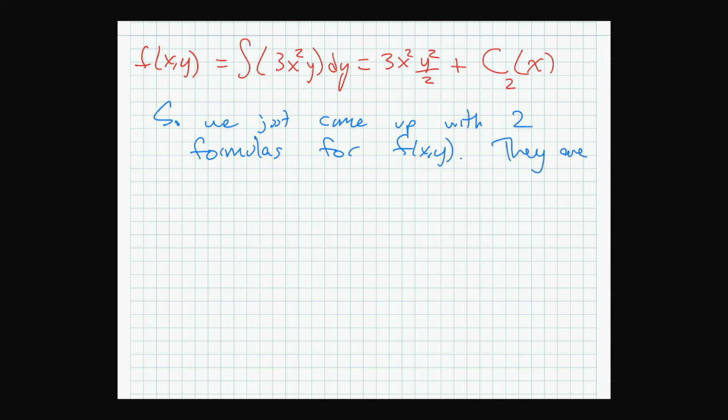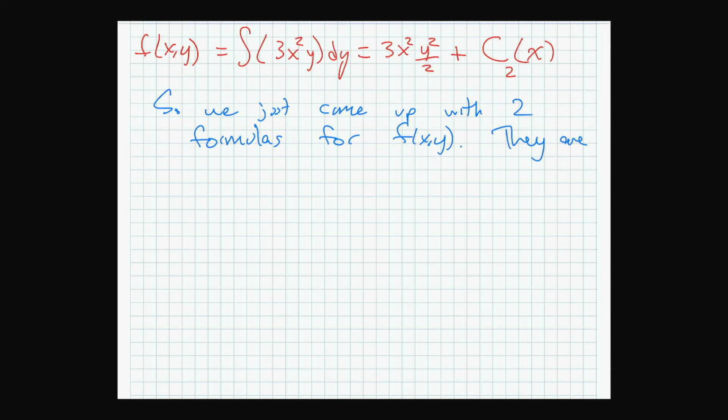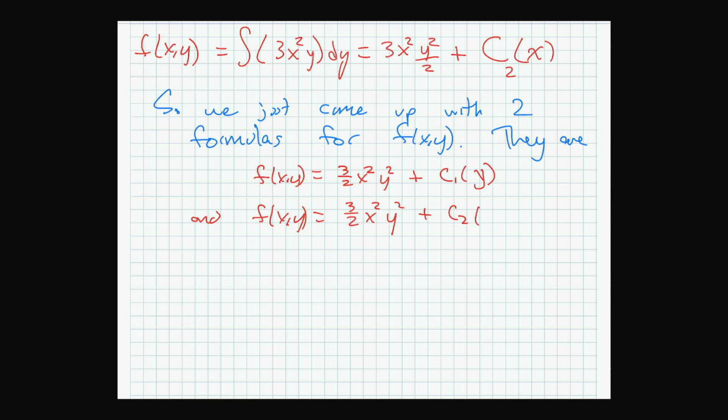They are: f of xy is equal to, the first one was 3 halves x squared y squared plus c1 of y. And the second one was f of xy equals 3 halves x squared y squared plus a constant of x.